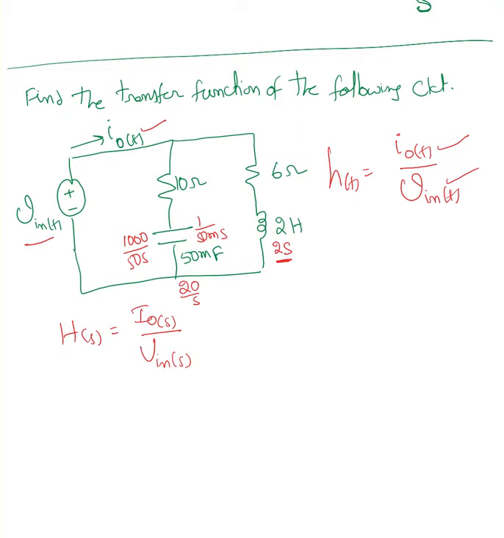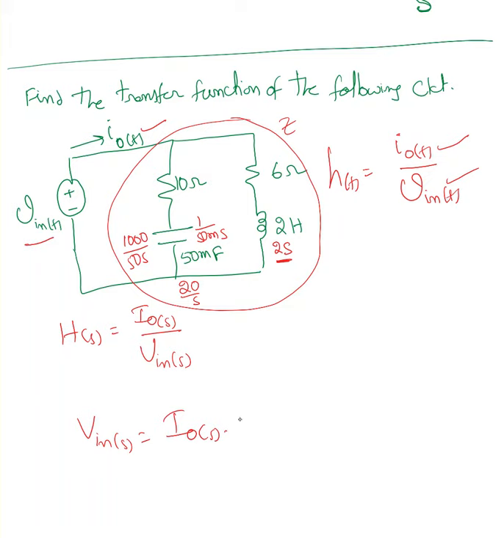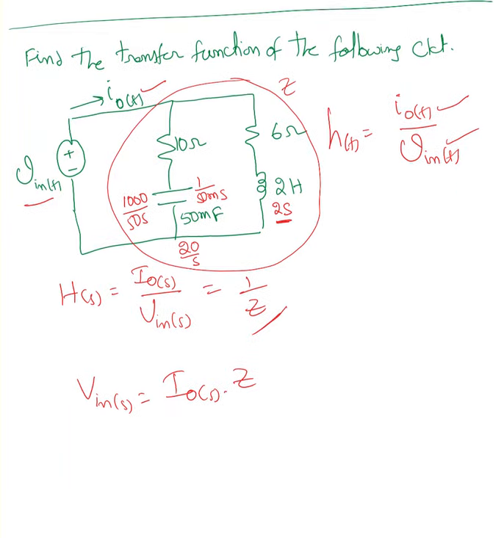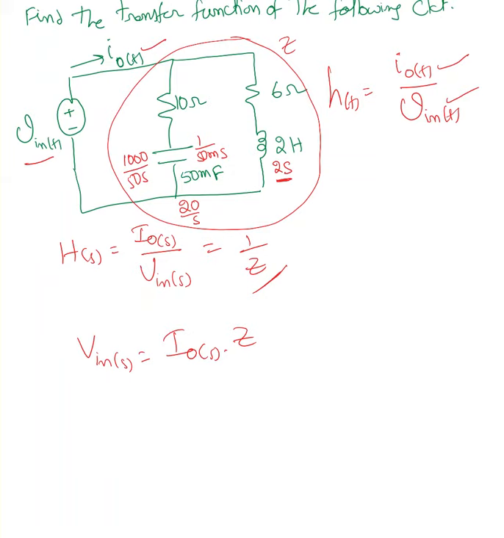That's what I'm going to do. As long as I find this total impedance, say Z, V input of s is nothing but I output of s times Z. So my transfer function equals 1 over Z. All I need to do is find the impedance in this case.